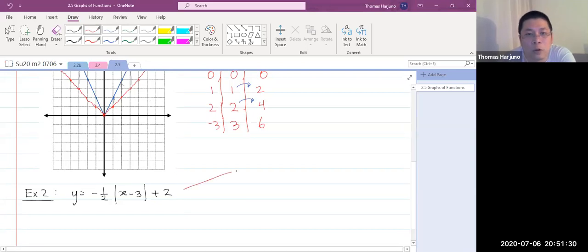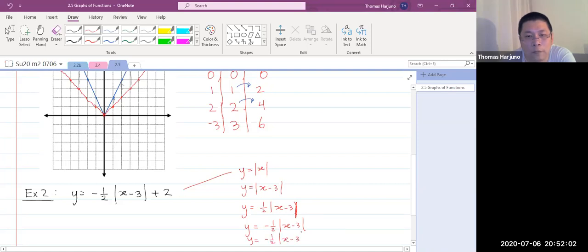The first one, of course, we start with y equals absolute of x, right? And then we move 3 units to the right. And then I shrink that by a factor of 1/2. And then I flip that upside down. And finally, I move up 2 units.